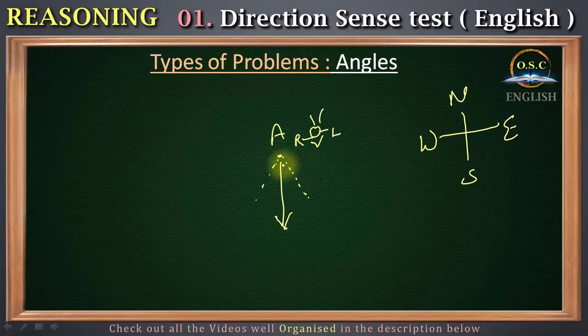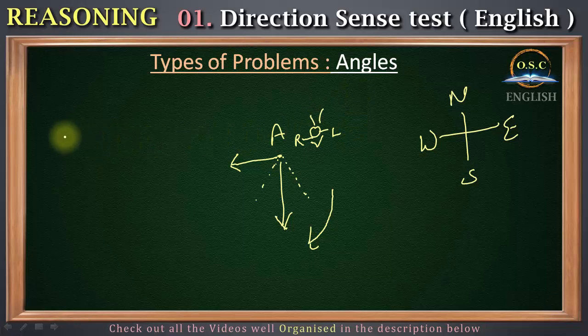So if he's looking here, clockwise will be this side. He will be turning towards this direction, that is 90 degrees clockwise. This is very important, you need to understand this. These are the kind of problems that are based on angles.